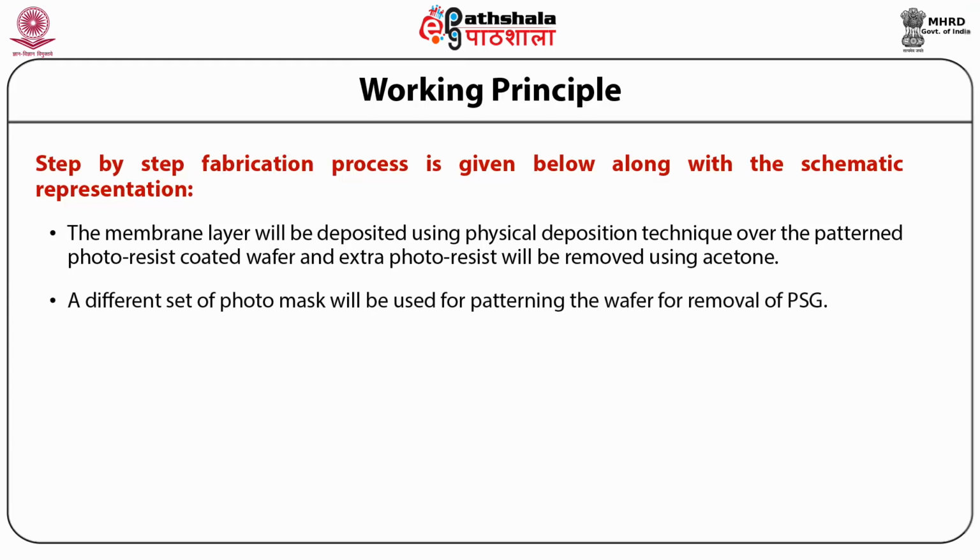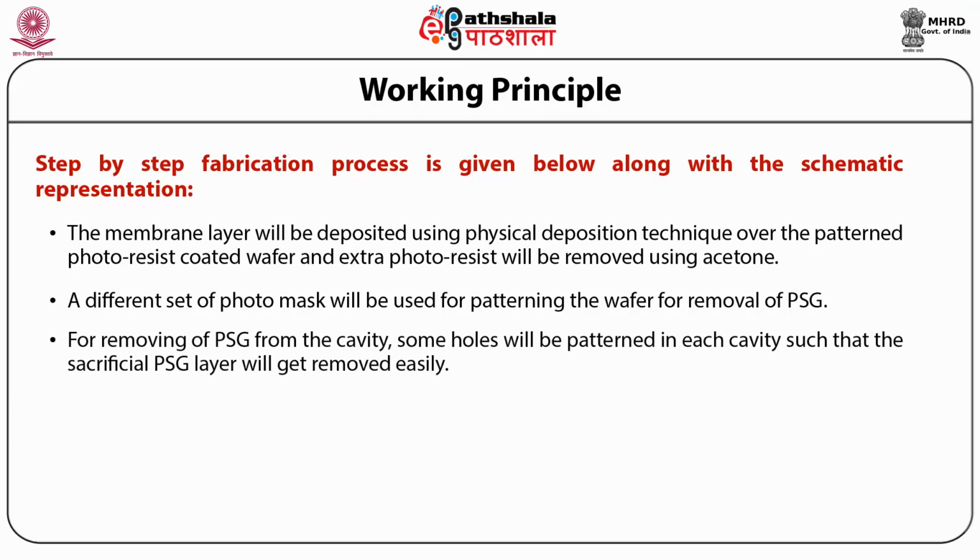A different set of photomask will be used for patterning the wafer for removal of PSG. Here PSG is polysilicate glass. For removing the PSG from the cavity, some holes will be patterned in each cavity such that the sacrificial PSG layer will get removed easily.